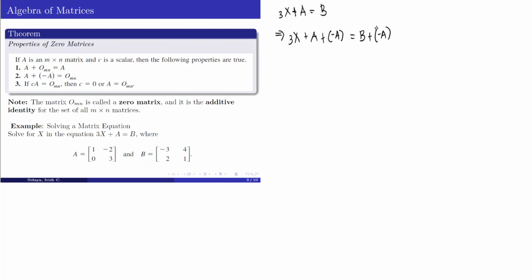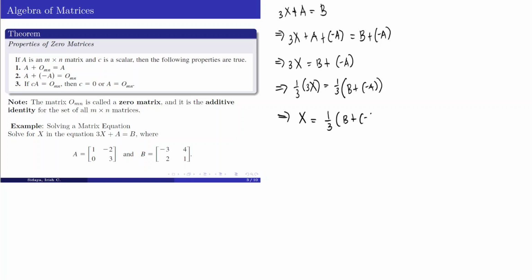This implies 3X equals B plus negative A, because this becomes a zero matrix. Then we multiply by 1/3, so X is equal to 1/3 times B plus the negative of A.